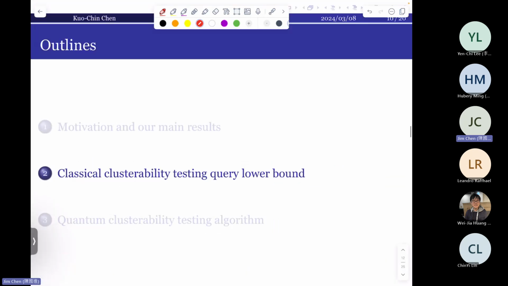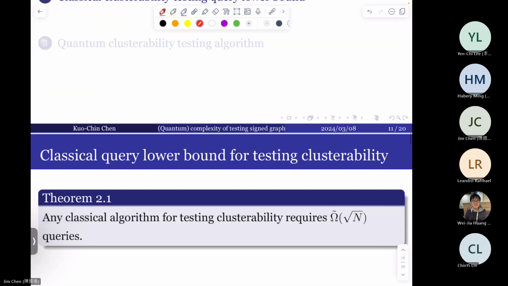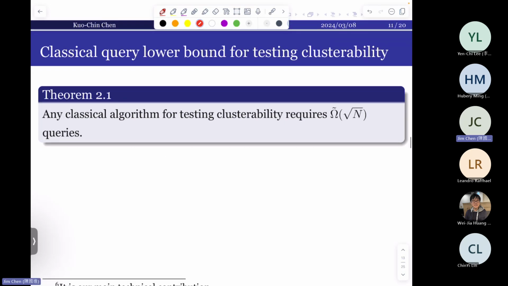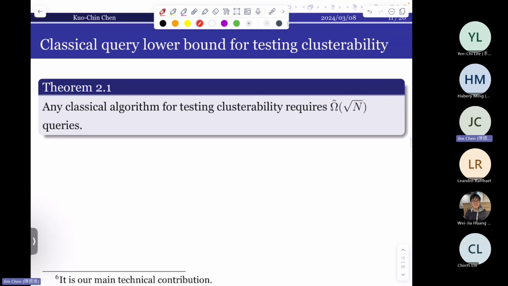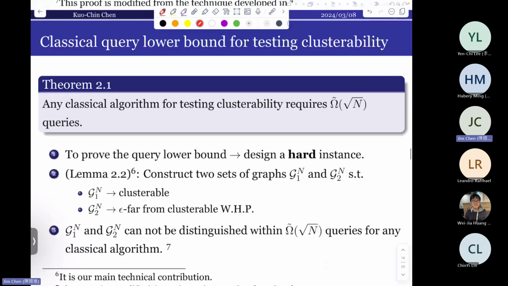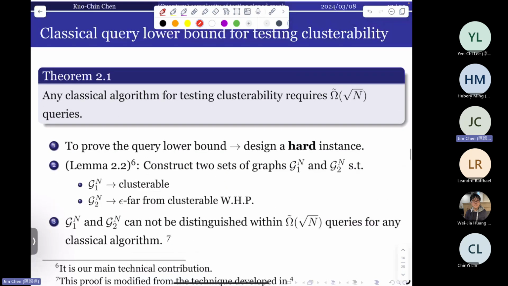So let me introduce our first result, the classical query lower bound for testing clusterability. This is the theorem, and the main idea is that in order to prove the query lower bound, we could design a hard instance.